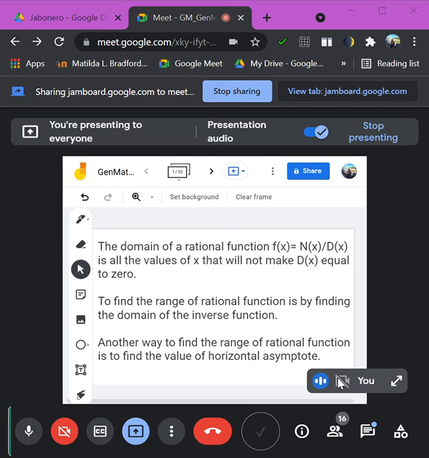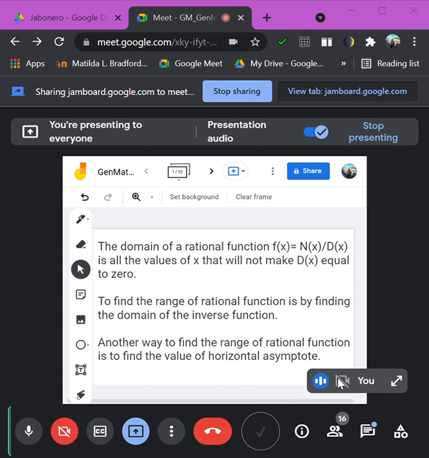So that is our domain: the denominator must not be 0. In order to find the range of the rational function, we can use the inverse function, which we will discuss later, and we can also use the horizontal asymptote.